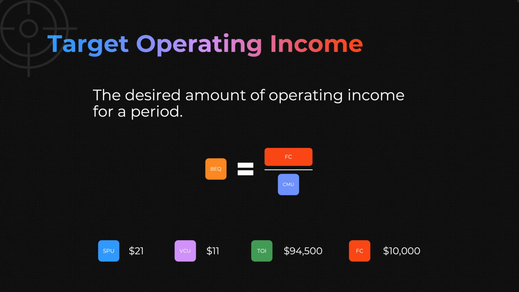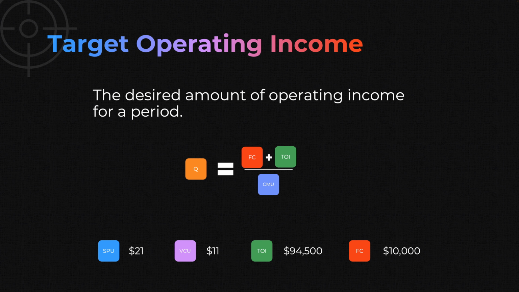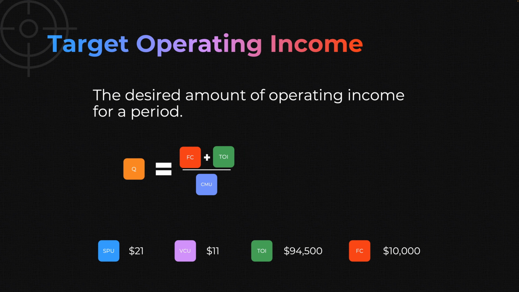We could use a similar idea to determine the quantity when we are trying to achieve a target operating income. The contribution margin per unit, instead of just covering fixed costs, will now cover all of the fixed costs plus the target operating income. Let's put some numbers to it and see how it works.